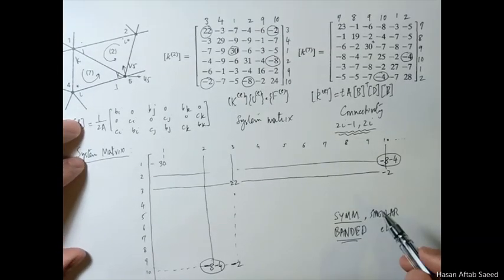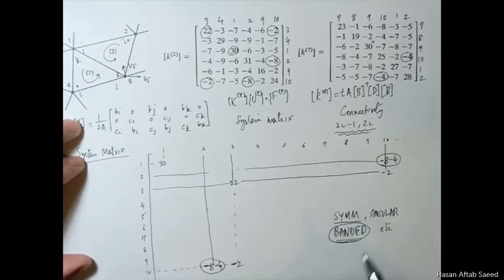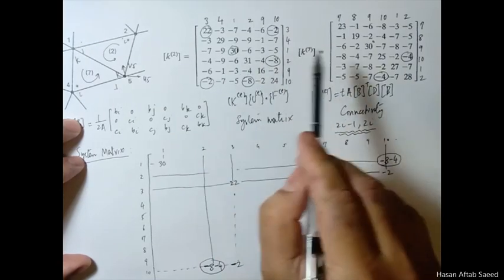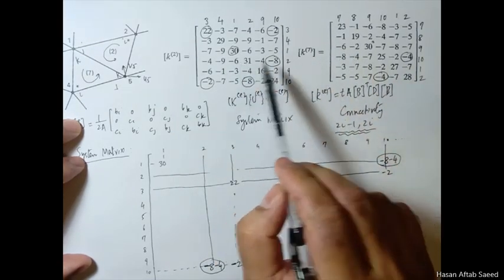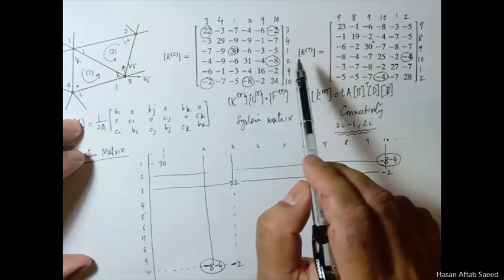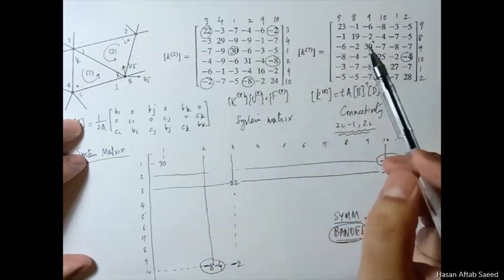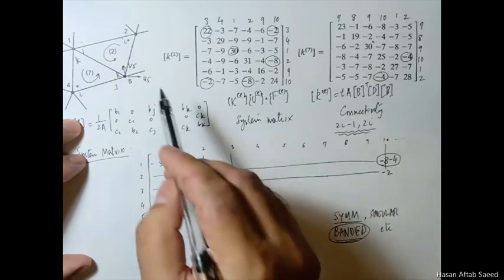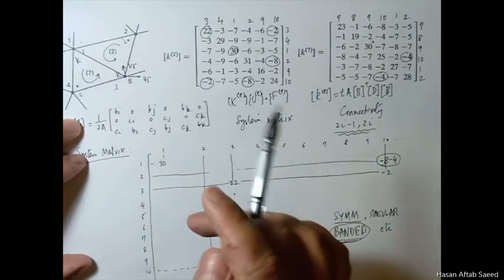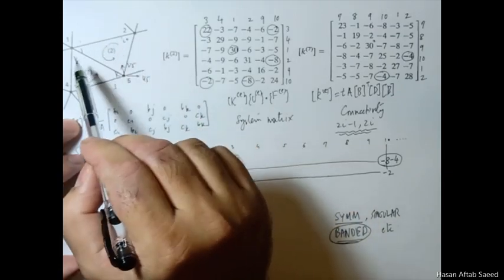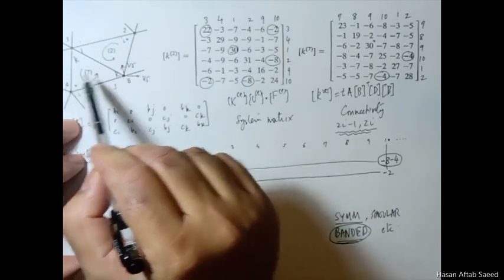As for this banded thing, to be precise, this banded nature won't be visible in the elemental matrices because they'll most probably be completely filled. But this banded nature comes out very visibly when you assemble them together, especially when you have made sure that you number the nodes in the shorter direction.